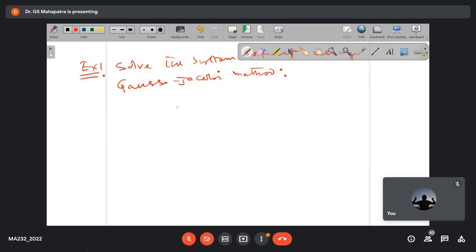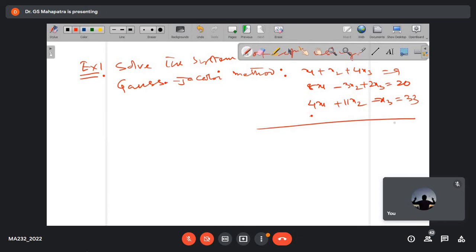So, what is that equation? Same equation, we have already discussed it a few minutes back. x1 plus x2 plus 4x3 equals 9. Then 8x1 minus 3x2 plus 2x3 equals 20. 4x1 plus 11x2 minus x3 equals 33.